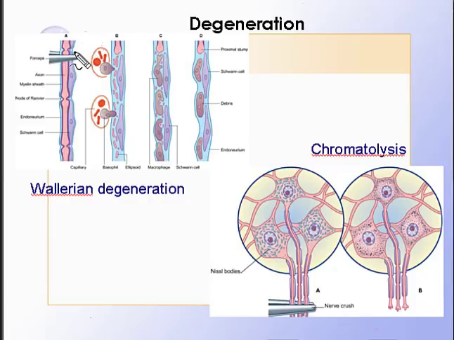So you get a proximal stump, and then down here, this part here is the distal stump. What happens in this degeneration is that the axon and the myelin begin to disintegrate, and the axon, as you can see, begins to disintegrate and forms small little fragments. These fragments are known as ellipsoids.